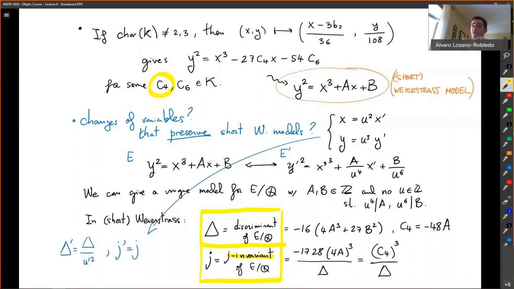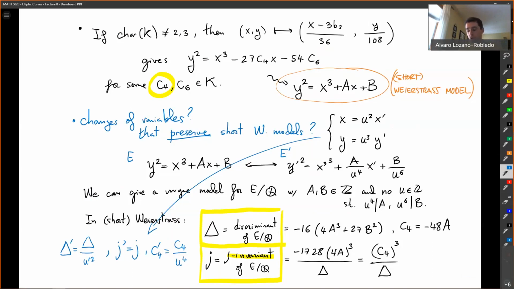No matter if you even change it back to some long Weierstrass equation, the j-invariant is the same j on all Weierstrass models of an elliptic curve, which is very useful. And you'll see why in a moment. In c4 prime, c4 changes by a 4th power. Okay.